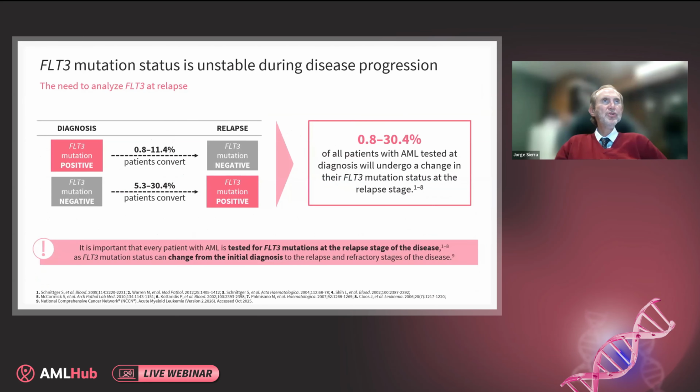Studying FLT3 mutation is also important in relapse because of patients who have FLT3 mutation at diagnosis, between 0 and 11% will become FLT3 negative at relapse, and because patients who are FLT3 negative at diagnosis, and more importantly, 5 to 30% of patients will become FLT3 positive.